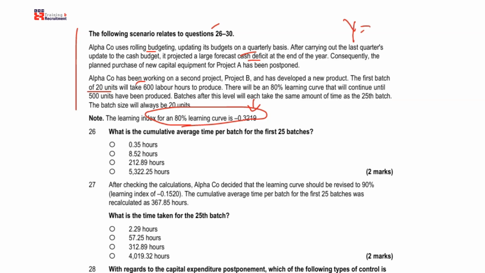Y equals a x to the power of b, which will be given in the exam, where y is the cumulative average time per unit to produce your units, x is the cumulative number of units, a is the time for the first unit output, and b is the learning index, which they worked out for us, it's log of the learning rate of 80%.